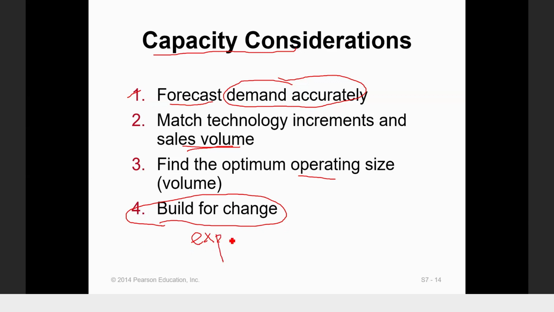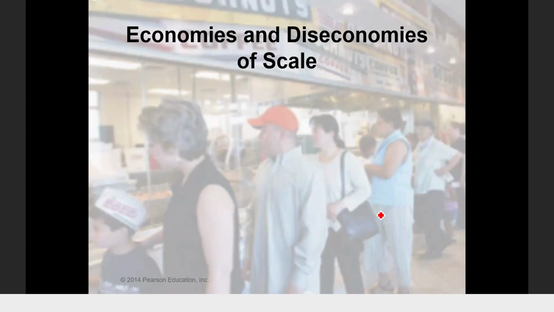Because if you design just enough, you may have problems when the demand is high, and the company may have to move to another new area. So it is good to have future change or expansion in consideration.